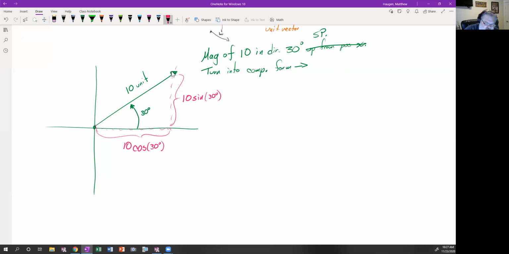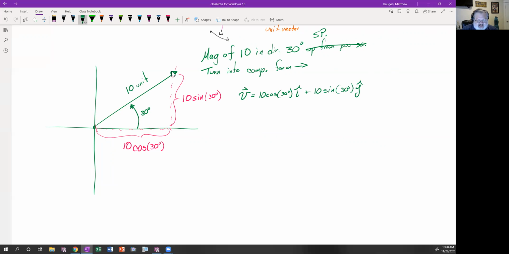So this green vector v here, if we wanted to write it in our ij form, would be just 10 cosine 30 degrees in the i and 10 sine 30 degrees in the j. Now, if that wasn't a nice 30 degrees, we get decimal approximations to any decimal value that we want.